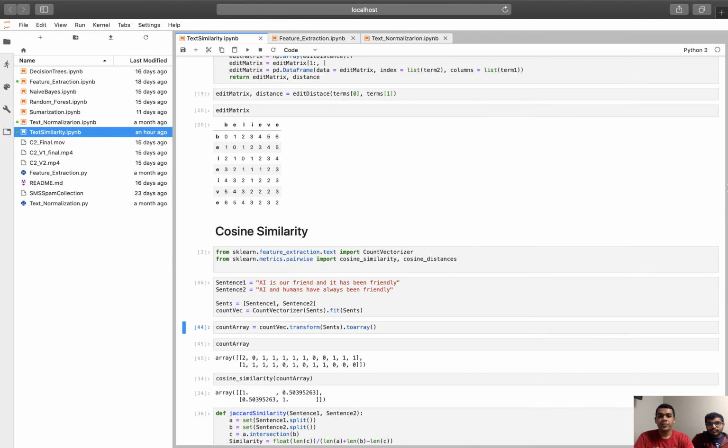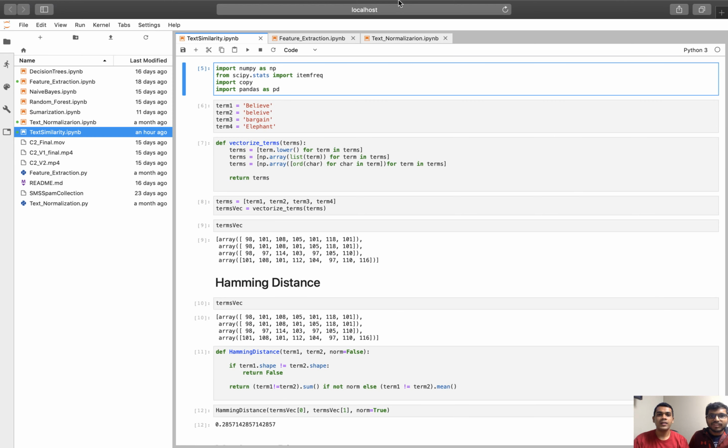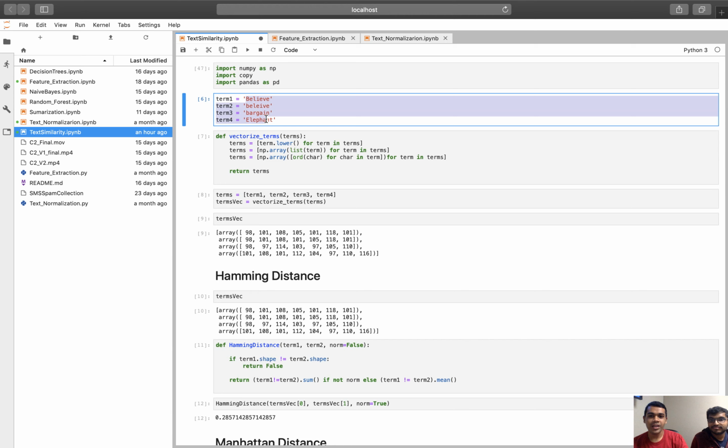We are going to start by importing some of the libraries that we require. We don't require SciPy. Here I have four terms: believe, with the wrong spelling, bargain, and elephant.